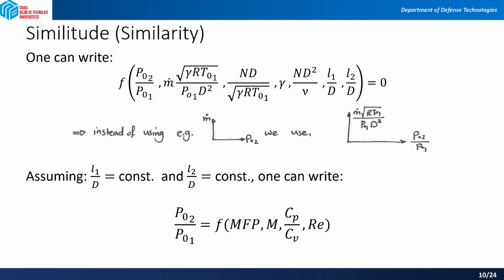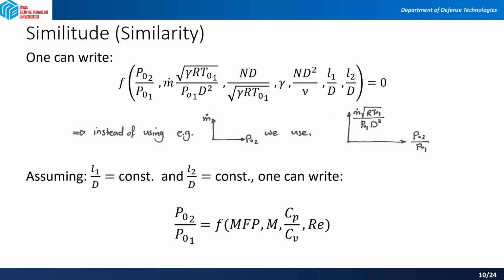This is very good in the laboratory, because you're using a scaled model, and because these are non-dimensionalized numbers, you can use the same curve and bring it to your real life case, your real life turbomachine.